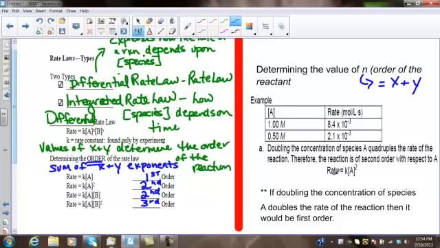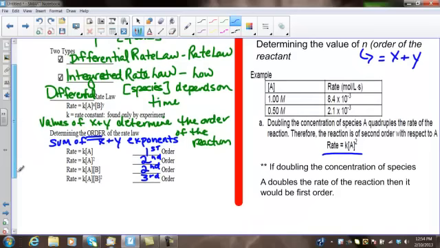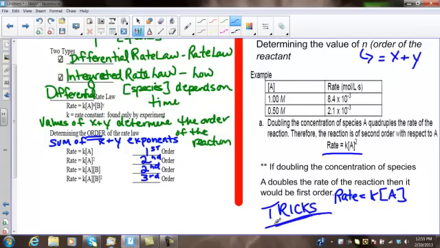So my rate formula would be rate equals the rate constant times the concentration of A to the second. If doubling the concentration of the species doubles the rate, then the reaction would be first order, and my rate would equal K times just the concentration of A. These are little tricks that you will learn as we go along to look for.